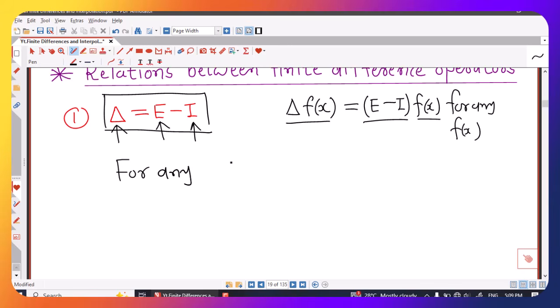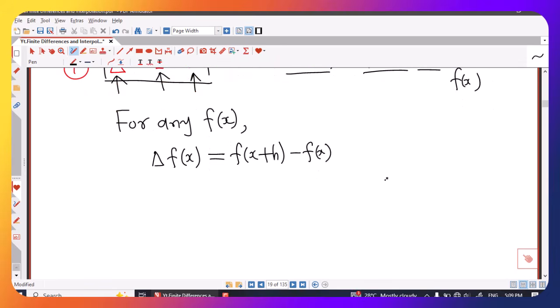For any function f(x), we first write down delta f(x). Delta f(x) is by definition f(x plus h) minus f(x). If you recall the definition of the shift operator, E of f(x) equals f(x plus h).